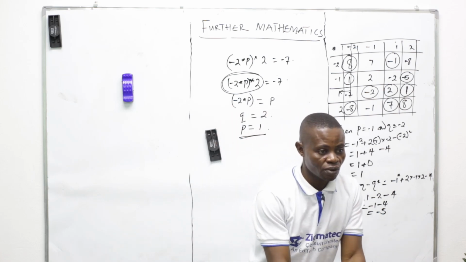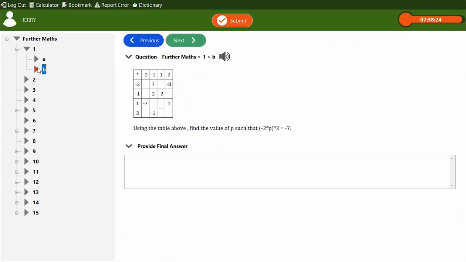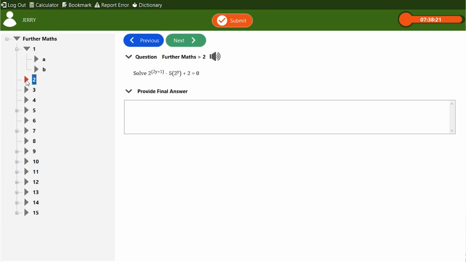Let's go to the next question, number 2. Solve the equation 2 raised to the power 2y plus 1 minus 5 into 2 raised to the power y plus 2 equals 0.